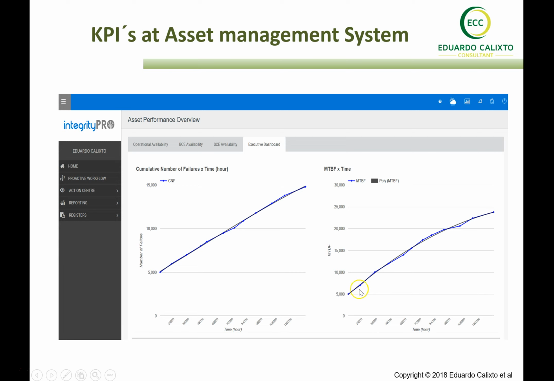So here we can see that the mean time between failure is increasing. If the mean time between failure is increasing, that means the reliability is improving. If it is increasing along the time, that means the preventive maintenance is effective, and the preventive actions or even replacement of some equipment or components are effective, increasing the mean time between failures again. So these are two very important indexes for a particular equipment.